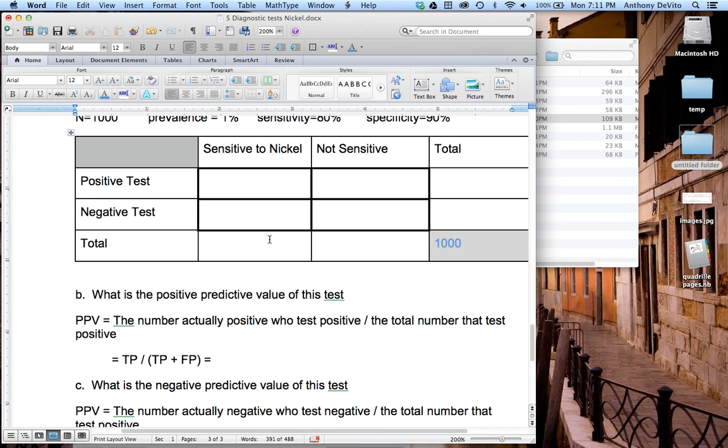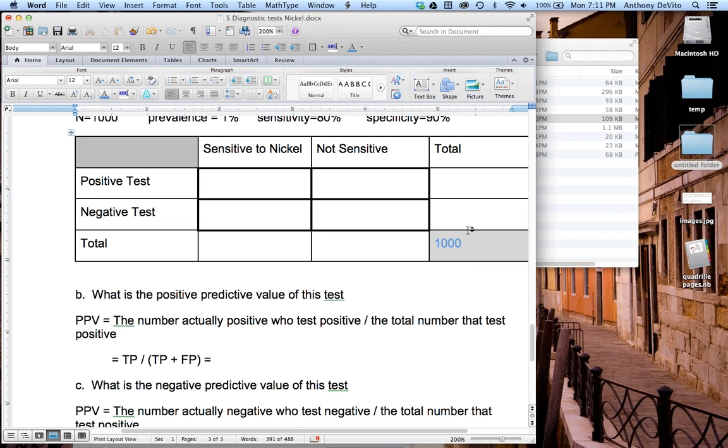This isn't the way everybody does this. I like to do it this way because I think it makes it kind of clear. If you're stuck on a test trying to remember this stuff, if you know the specificity and the sensitivity and the prevalence, you can build this table yourself by picking an easy population number, 1,000. If you've got fractions and stuff like that, sensitivity is 82.1.